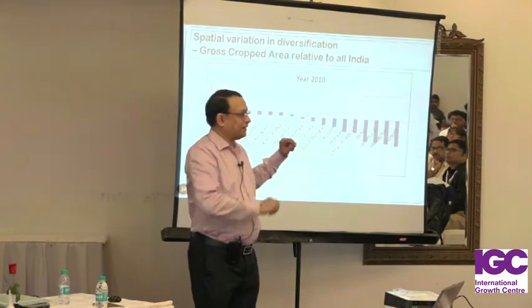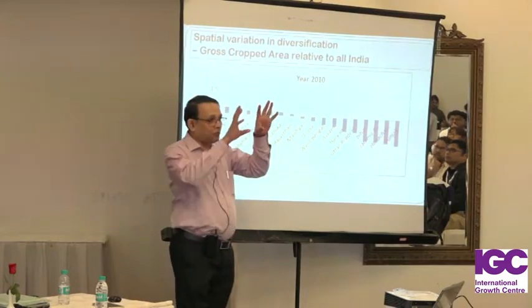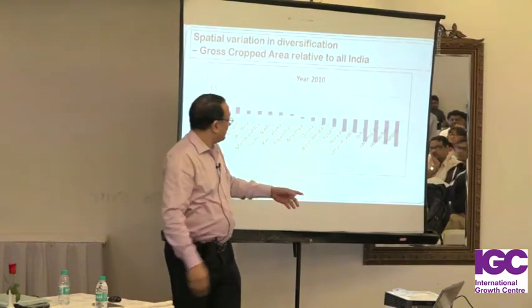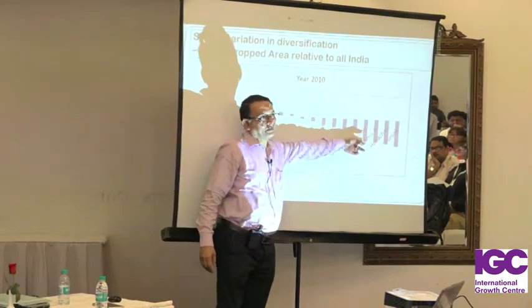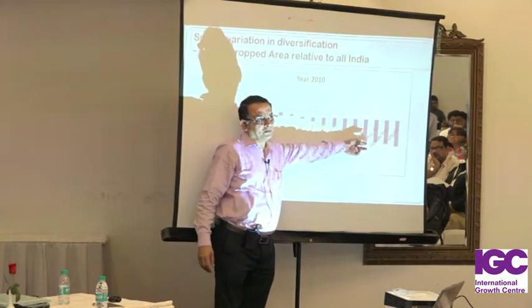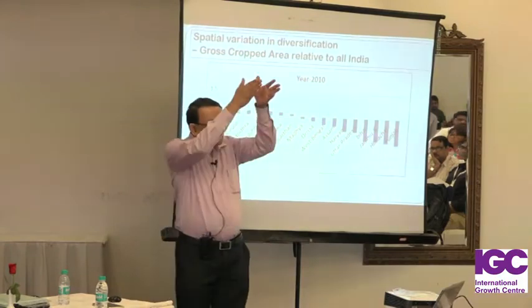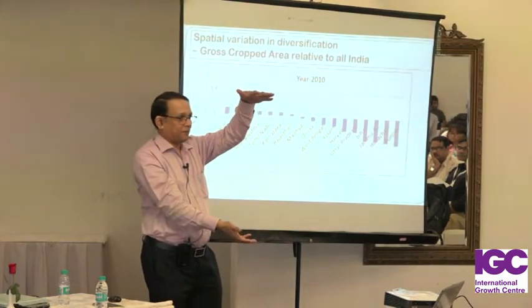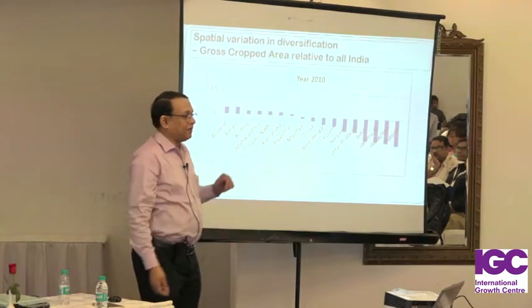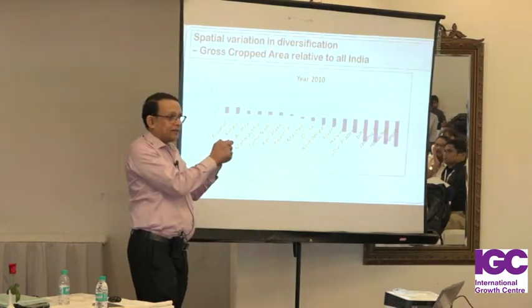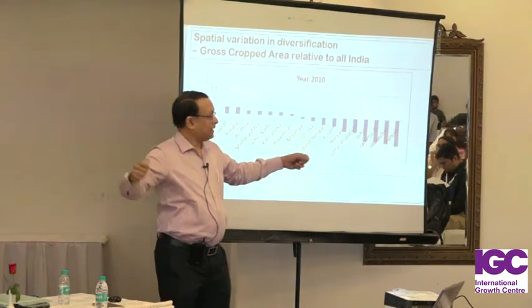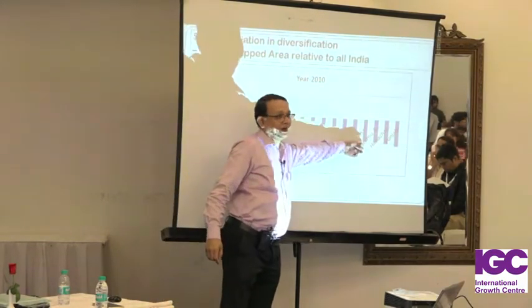If this is done using crop groups, cereals as a group, vegetables as a group, then you will find this showing up that bad, because there is one group which is having 45% of the land. But if I had the data for individual crops, then Bihar will not look so bad.